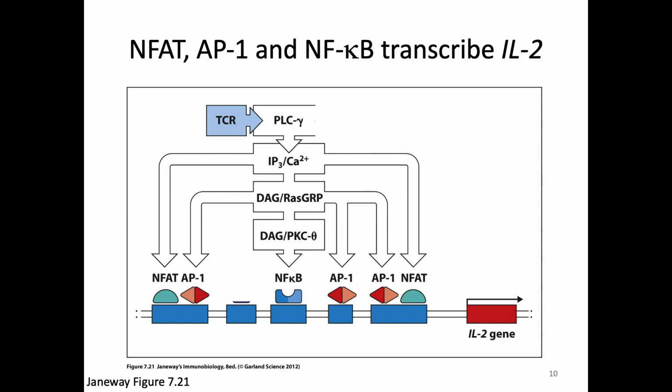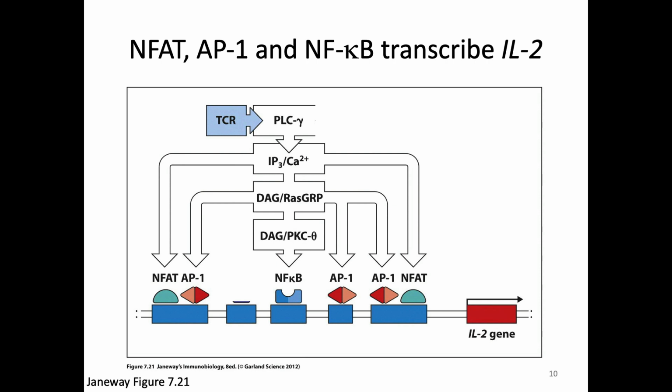And if we look at the promoter of the IL-2 gene, we find that there are binding sites for 3 transcription factors. So in order for the cell to make IL-2, the goal is 3 transcription factors we got to get. One of them is called NFAT, one of them is called AP1, and one of them is called NF-kappa B.